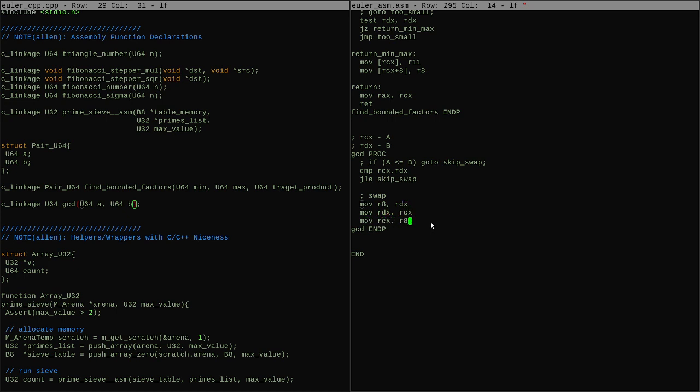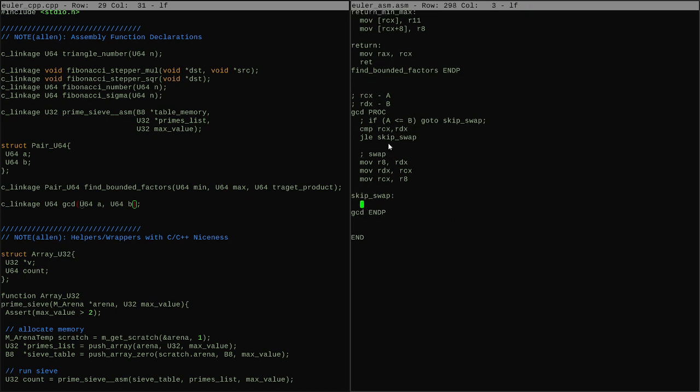So there we've done a swap. Here's the skip swap. So now we can assume that A is less than or equal to B because we only ran this code here if it wasn't already. So if A was less than or equal to B, we skipped to here. Otherwise, we ran this thing, which swapped them, so now it will be true, right?